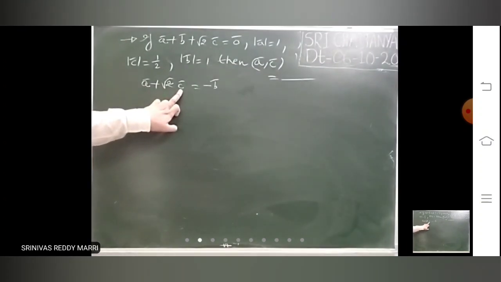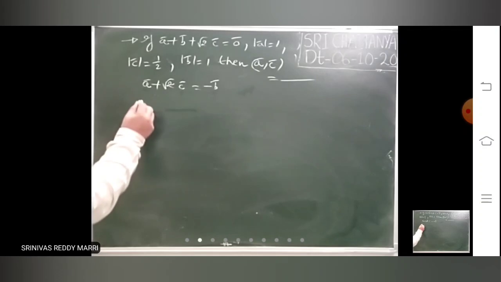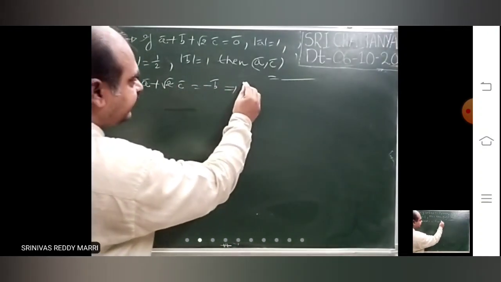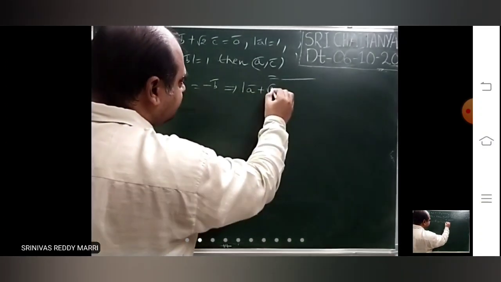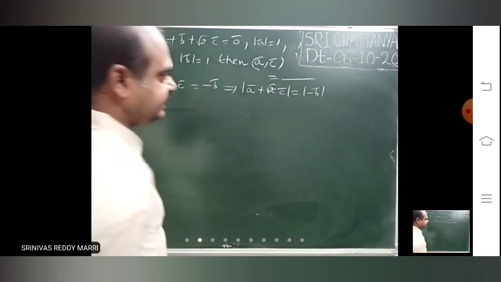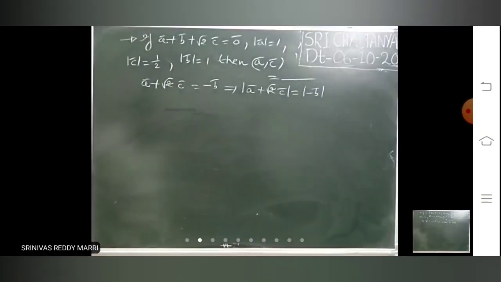Keep them on the left hand side, and the remaining vector bring to the right hand side. Now apply modulus on both sides. If these two vectors are equal, their modulus, that means their lengths, will also be equal. Therefore their magnitudes will also be equal.